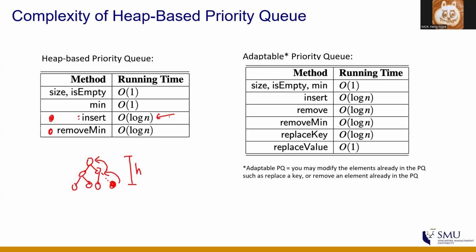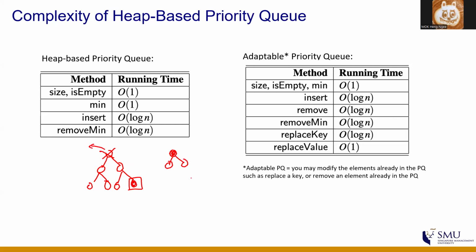What about remove min? Okay, let's say this is the existing heap of height 2. In order to remove min or the root, what do I do? I have to bring this up, replace the root with this. So this one, the shaded one, goes to the root now. After the root is returned to the caller, I'm left with this complete binary tree, which may not be a heap yet.